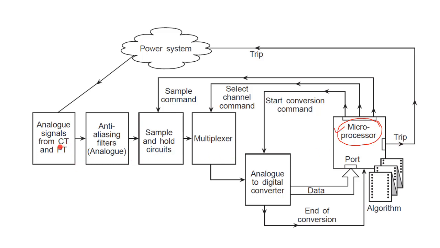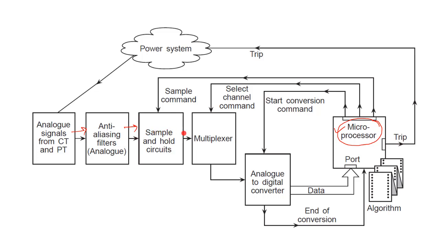Then obviously we feed the analog signal from CT and PT to the anti-aliasing filter first, right. The anti-aliasing filter restricts the bandwidth of the signal in order to satisfy the Nyquist-Shannon theorem, right. So we will talk more about this in the next class.